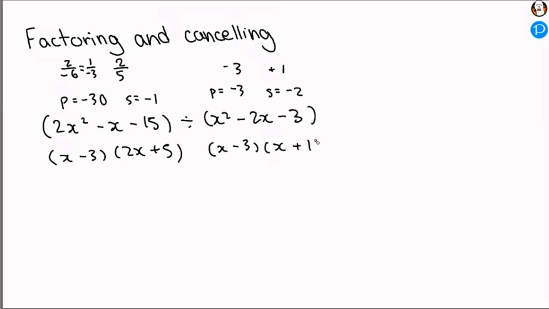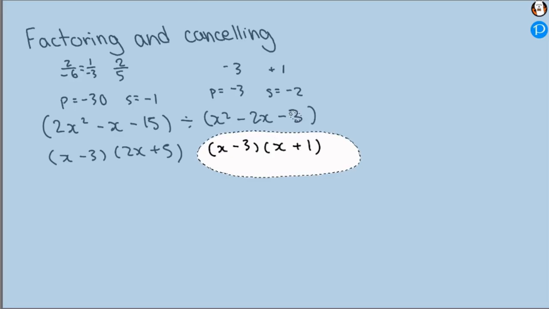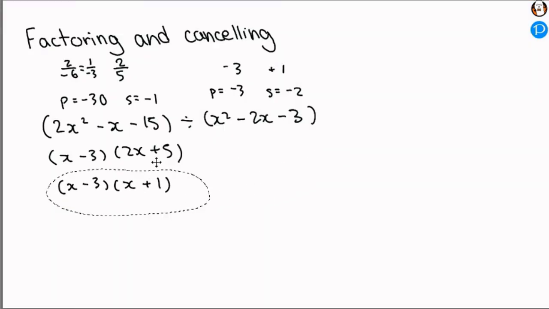Let's put this in a fraction form to better visualize it. Our dividend is going to be in the numerator and the divisor is going to be in the denominator. So here we can cancel out the x minus 3. We're going to get 2x plus 5 over x plus 1.